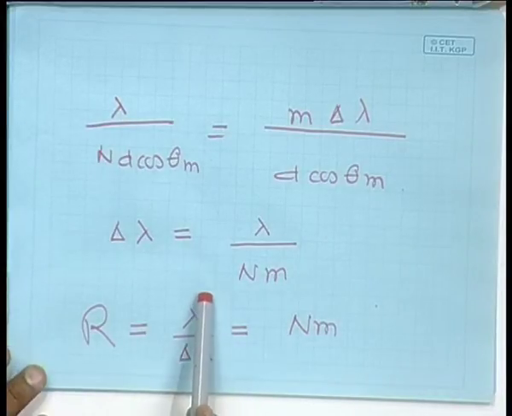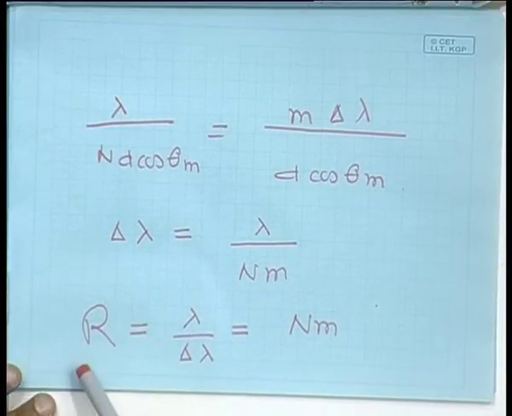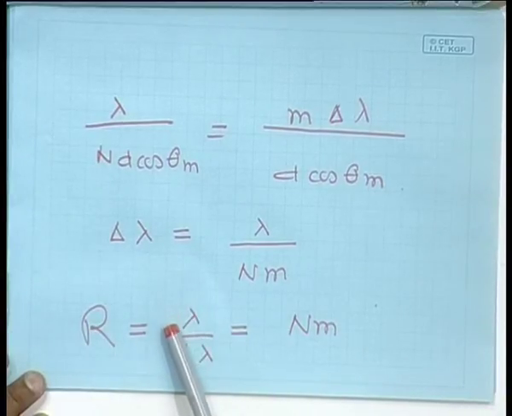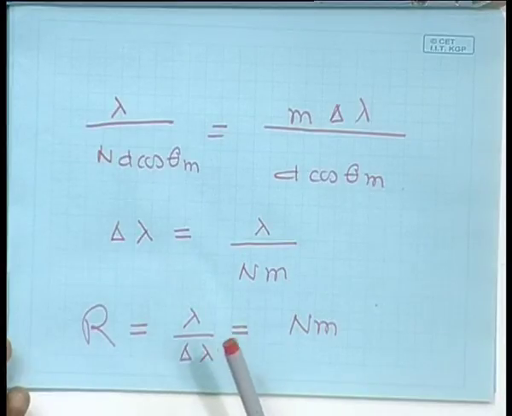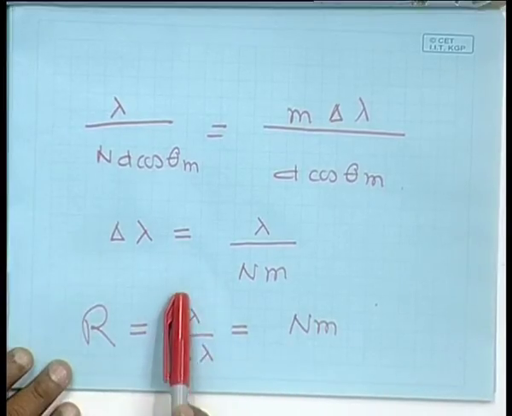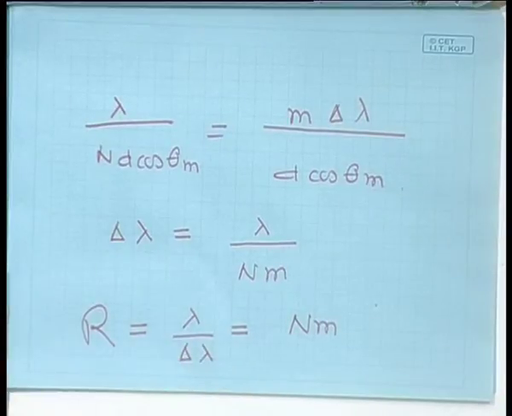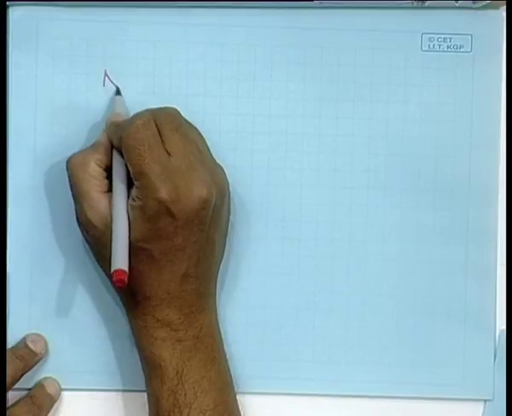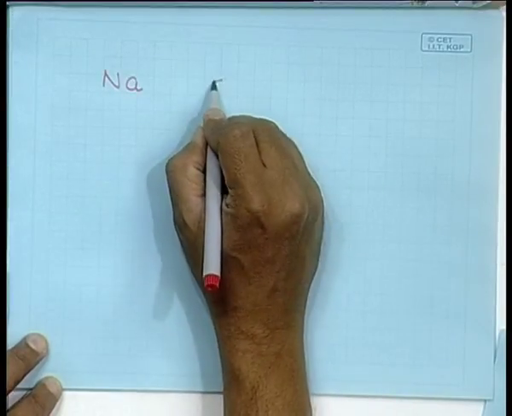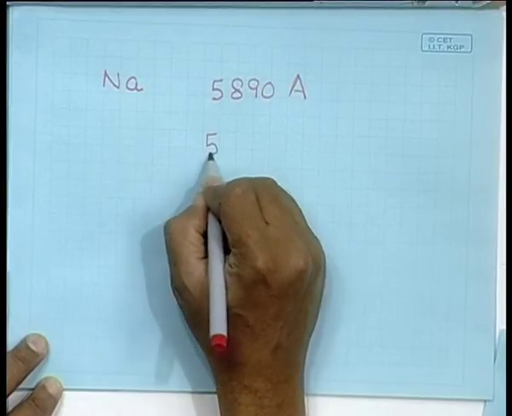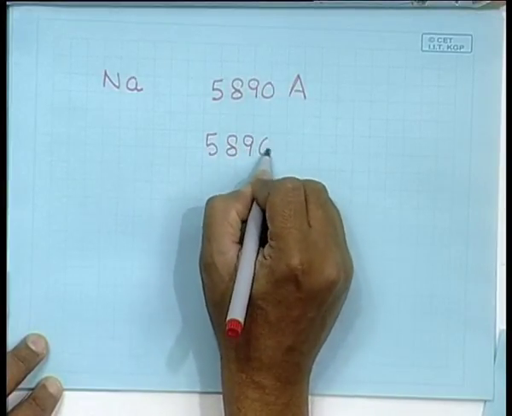If I have a radiation which has two different wavelengths, around the wavelength lambda and separated by delta lambda, for example, remember sodium has two different wavelengths, 5890 angstrom and another at 5896 angstrom.